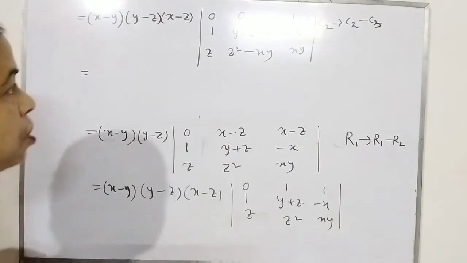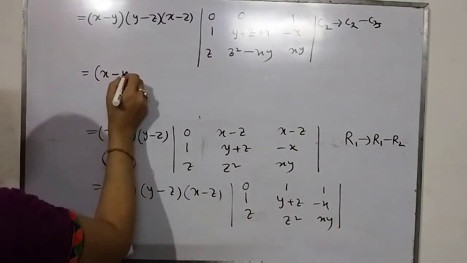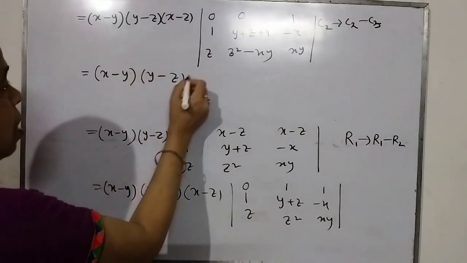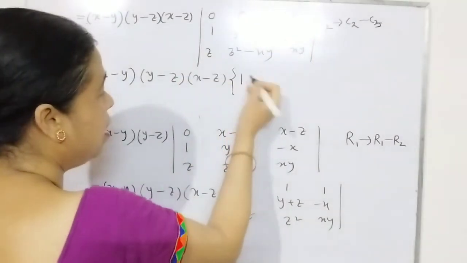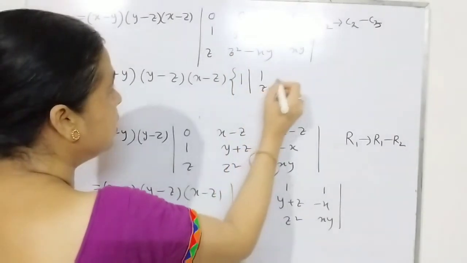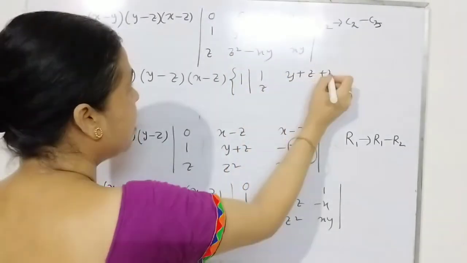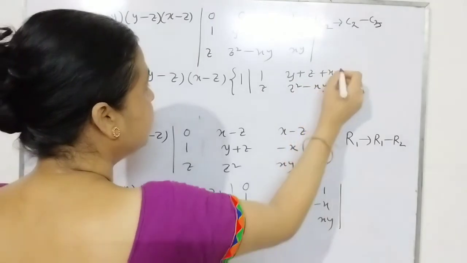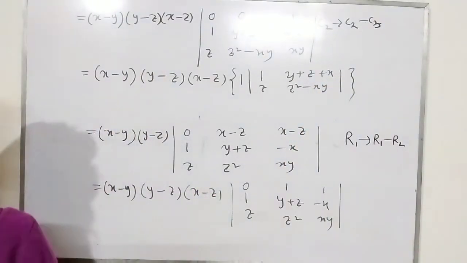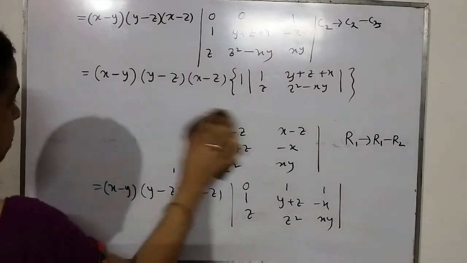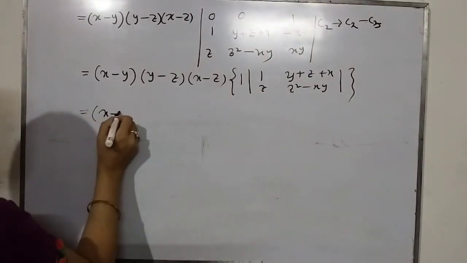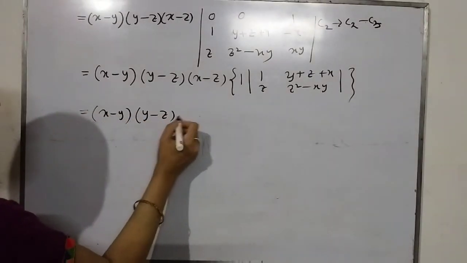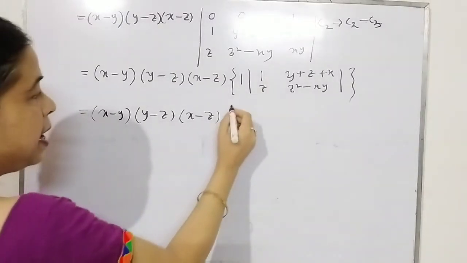Simplification also you can do, but without doing that also you can expand because you have got two zeros out of three. So 0, 0, we have got 1. I am writing 1. This is what? 1, z, y plus z plus x, z square minus xy. This is the determinant. Now I have to expand this determinant. Let us now expand it. X minus y, y minus z, x minus z.